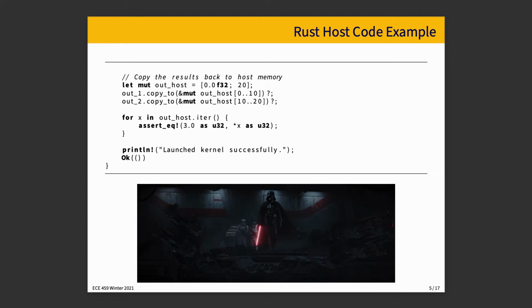There's a little assertion to check that the math actually happened, and there's a print line that says the kernel launched successfully, and we end main with an OK, and that's it. We're done. It checks all the values are equal to 3, and that's the end. We have a simple working example of how to set up, launch, and collect the correct results from a CUDA computation. All right.